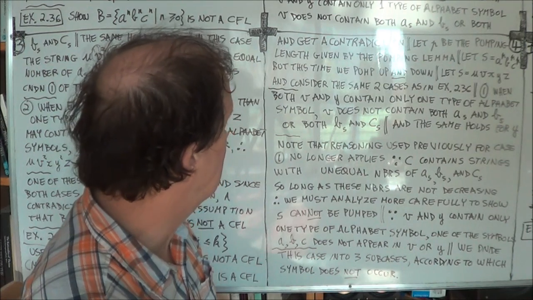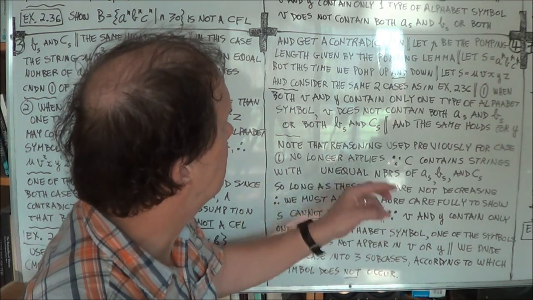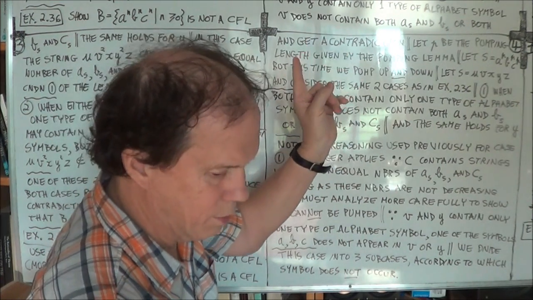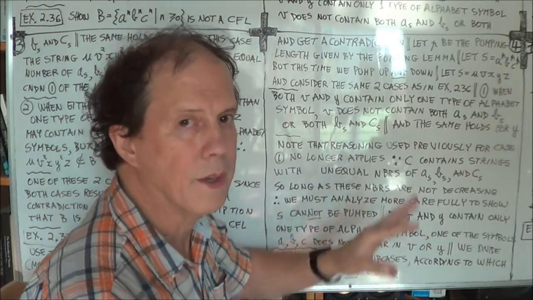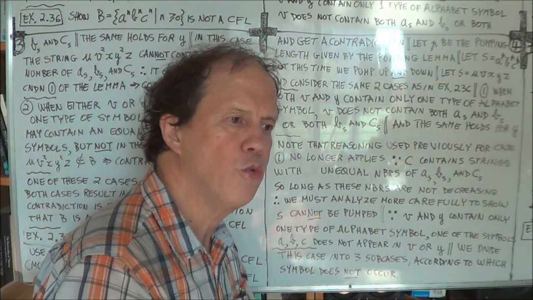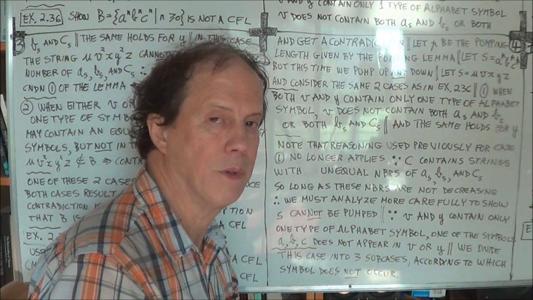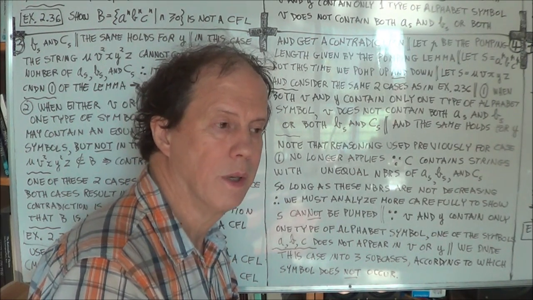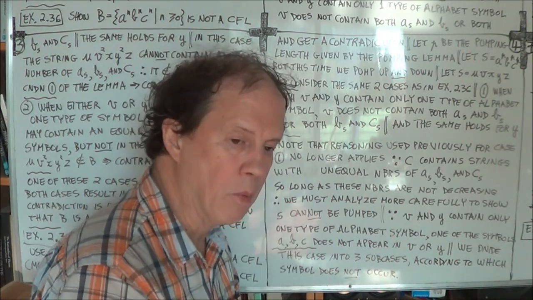Now, the one difference in this proof compared to the previous one is that in this second example we are also going to pump down. Can you remember what that means from when we were dealing with the pumping lemma for regular languages?